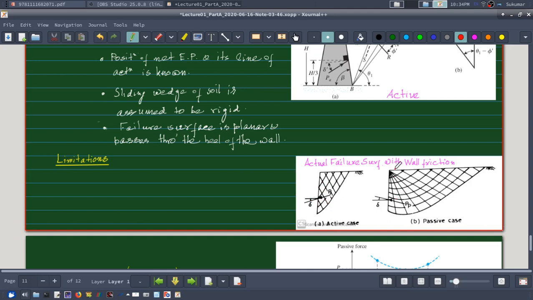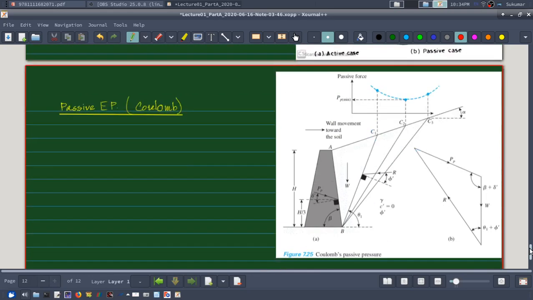But in case of passive earth pressure, what happens? The actual failure surface is much more curved near the heel of the wall, and that is disregarded in Coulomb's theory. I can show you the passive case here.